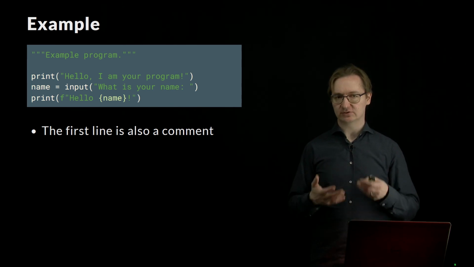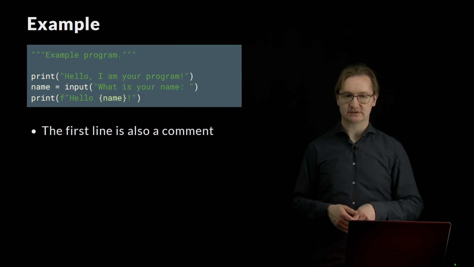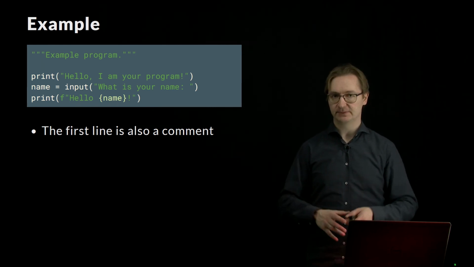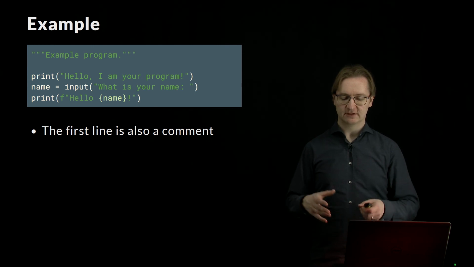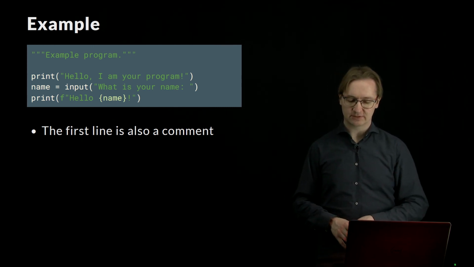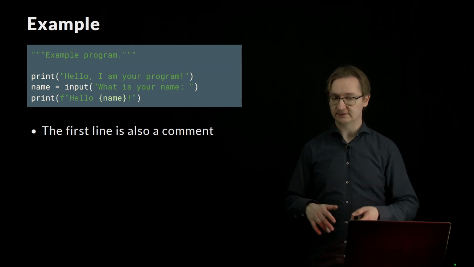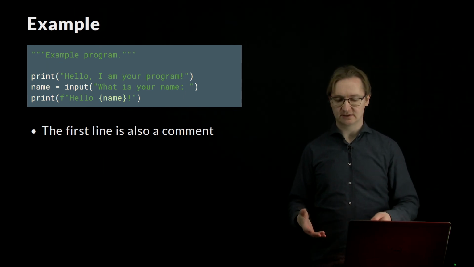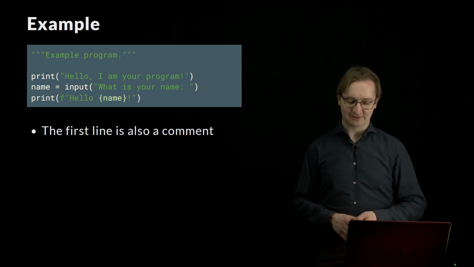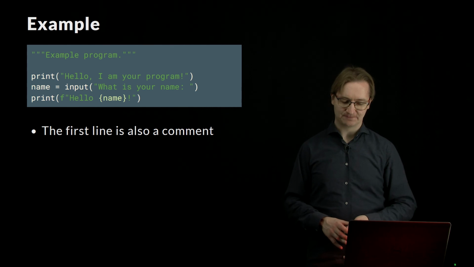This is actually a docstring. We will talk about this in a separate video. Basically this describes the current program or the current contents of the file. Usually the first line of the program should contain this kind of comment. It should be a sentence ending with a dot, starting with a capital letter, and so on. It's quite strict how to write those.